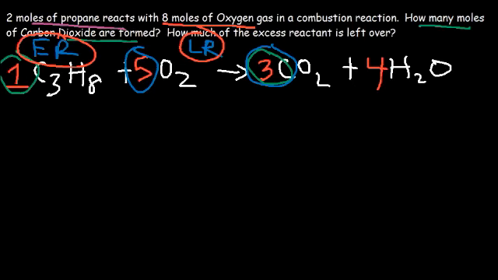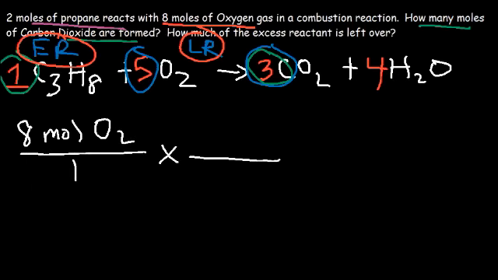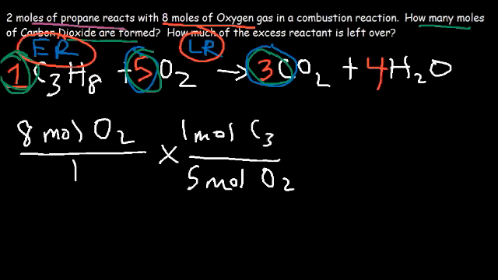So what you want to do is start with the limiting reactant and convert it to the excess reactant. The limiting reactant is the 8 moles of O2, and let's convert it to the moles of propane. The molar ratio between propane and O2 is 1 to 5. So for every 5 moles of O2 that react, 1 mole of propane reacts with it. So 8 divided by 5 is 1.6.